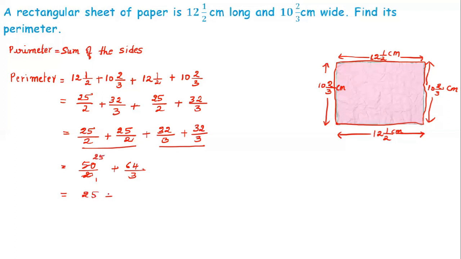So 25 plus 64/3. Now the LCM of 1 and 3 is 3. Write 3 in the denominator. In the numerator, 25 into 3 plus 64.